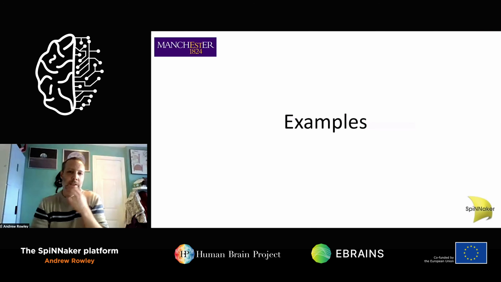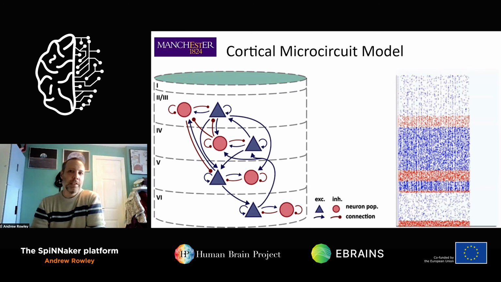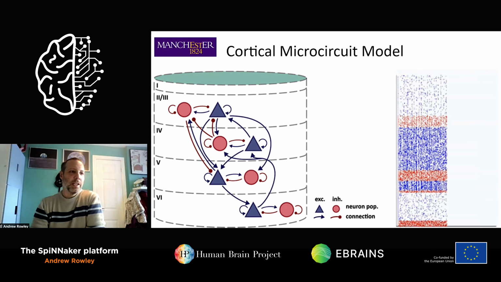Okay, so that's the platform in general. I'll now show you some examples of things that we've done with the platform in the past. I've mentioned the cortical microcircuit model, and basically the idea of this was to run it in real time on SpiNNaker, and this has now happened. There's a paper about it that describes how this was achieved.